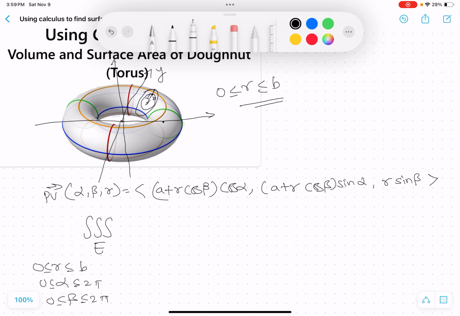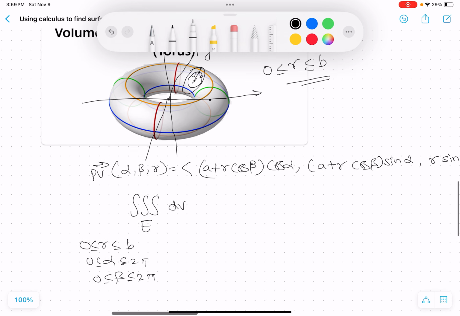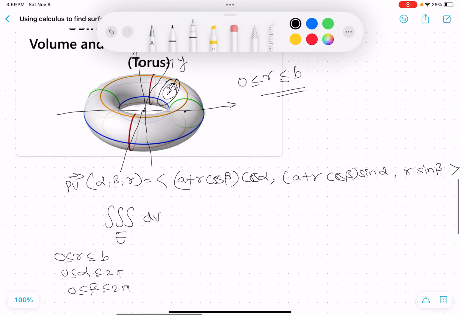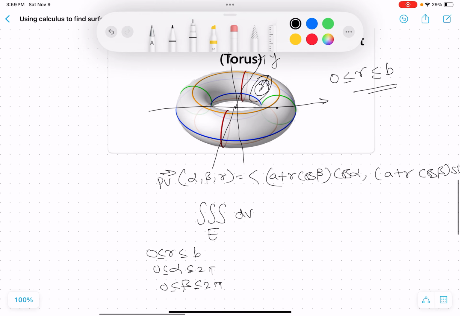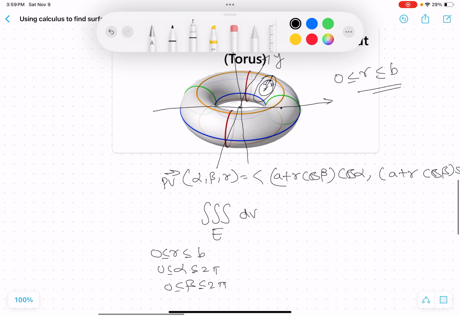Now how to find the volume element? Again we will use the same technique, right? Just as previously, let's say alpha naught, beta naught, r naught give a position in the torus. I'll just point over here. Let's say they give this point, right?